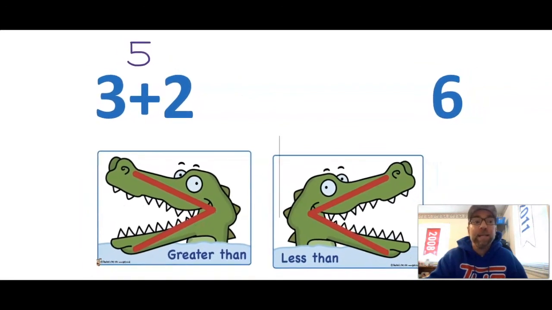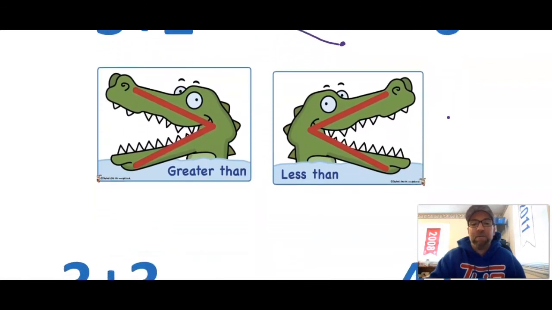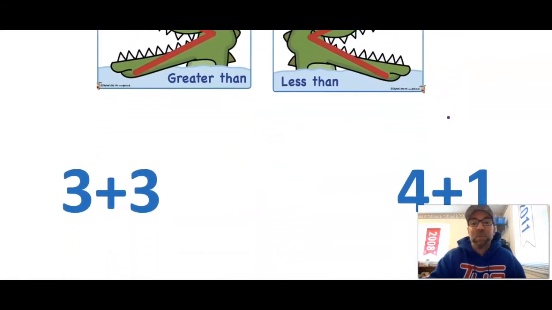So go ahead and draw in your symbol. There it is. 3 plus 2 is less than 6. Wow. Here's our last one.